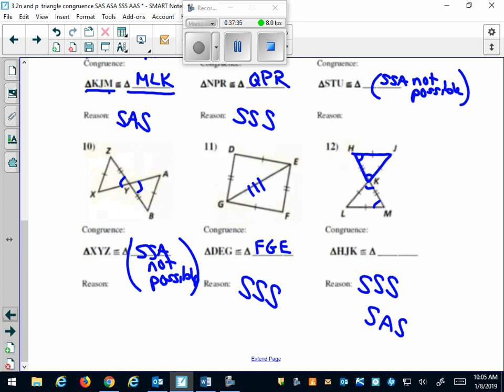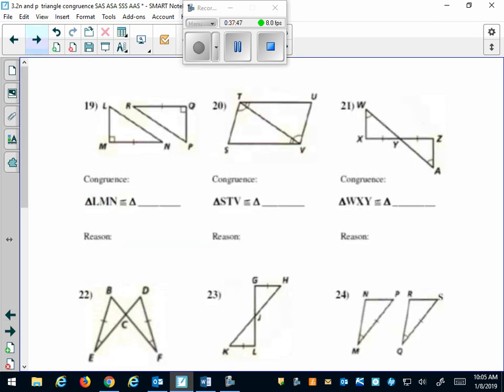Oh, sorry, the congruence there should be MLK again. All right, so I'll give you a few more minutes to do more on the next page.